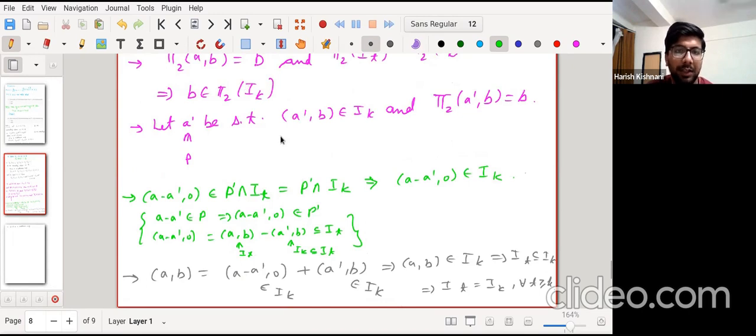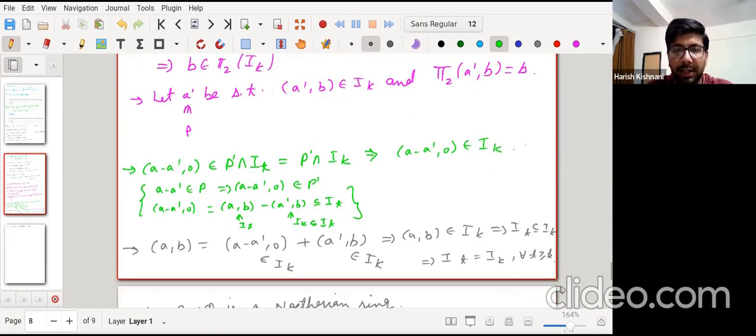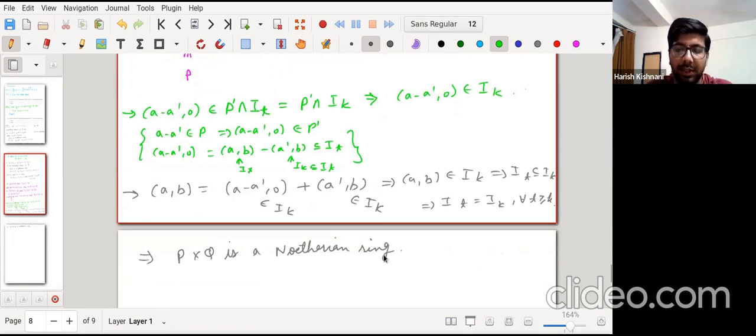That's why in the beginning I started by showing that all three chains terminate using the Noetherian property of P and Q. So their addition is A comma B. This is inside IK, this is inside IK, so A comma B is inside IK, and thus IT, as A comma B is an arbitrary element of IT, so IT is inside IK. IK is already inside IT, so IT is equal to IK for all t greater than or equal to K, and thus P cross Q is a Noetherian ring.